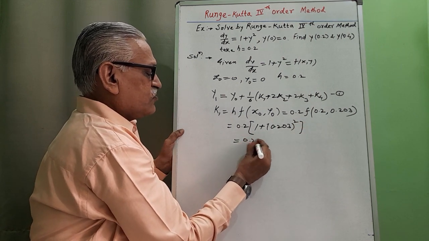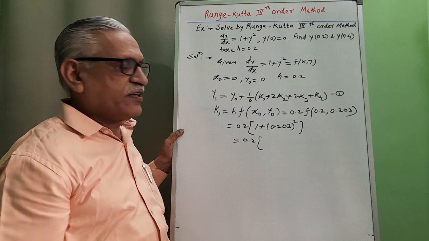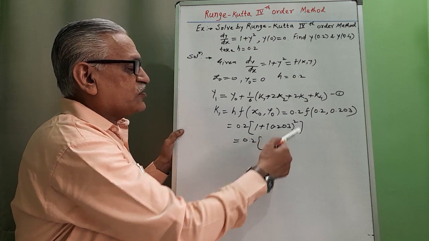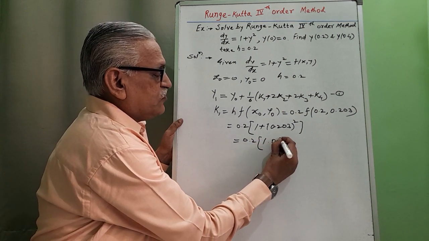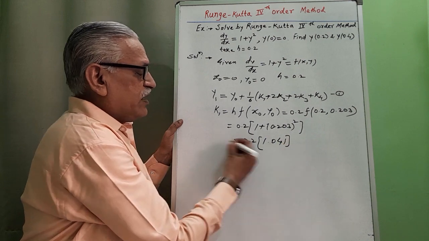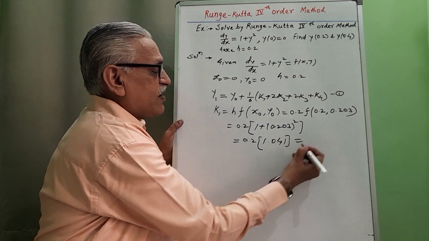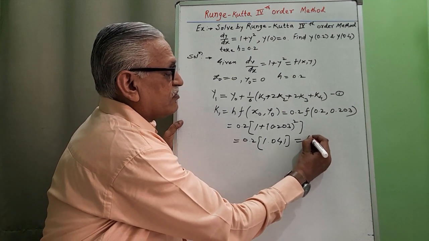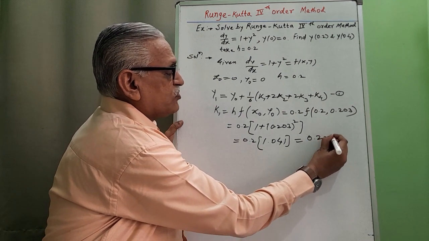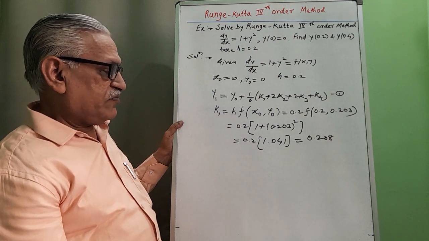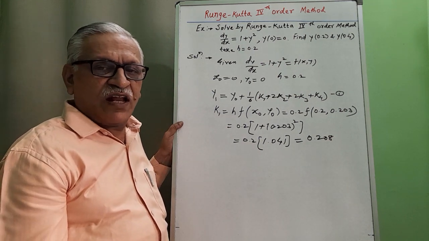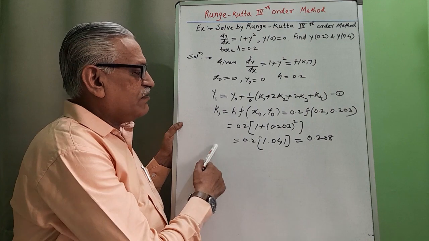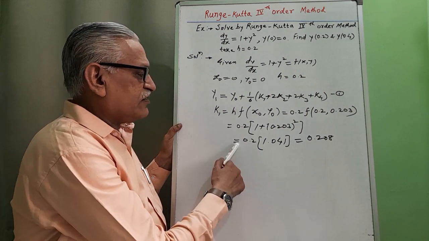Performing by calculator, 1 plus this 0.203 square, 1.041 multiplied by 0.2, we get that value as 0.208. Always check the calculation by yourself, performing it on calculator.